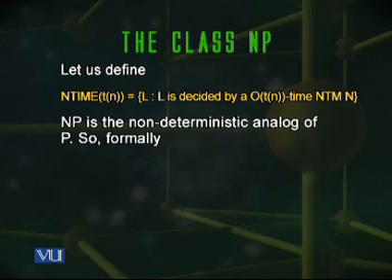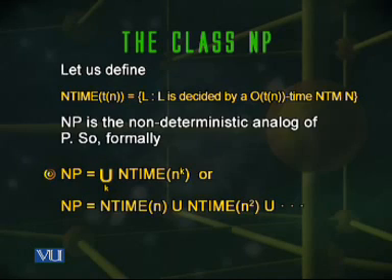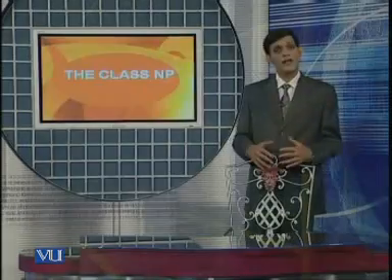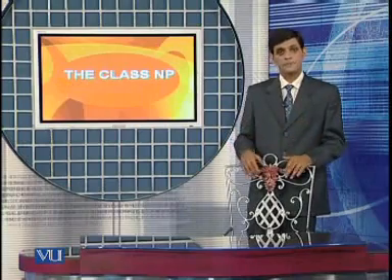NP is the non-deterministic analog of P. So formally, NP is just non-deterministic linear time unioned with non-deterministic quadratic time, unioned with non-deterministic cubic time, and so on. So NP is the set of all problems that can be solved in polynomial time if we had the power of guessing. Non-determinism gives us the power of guessing.